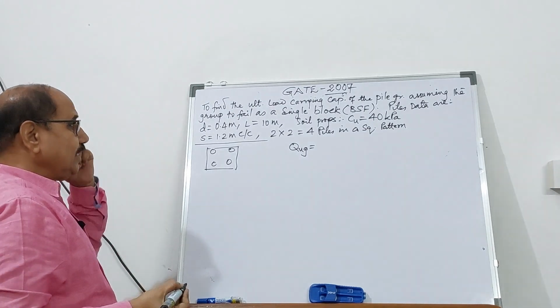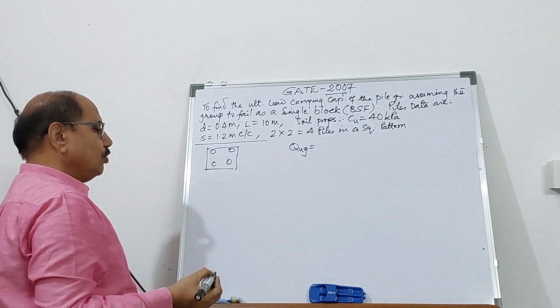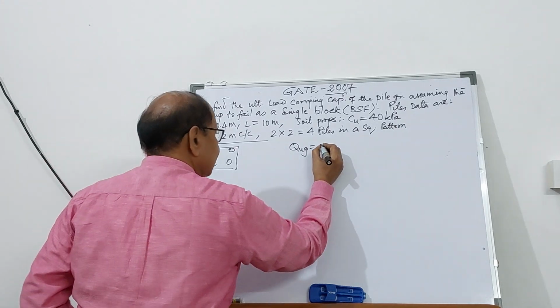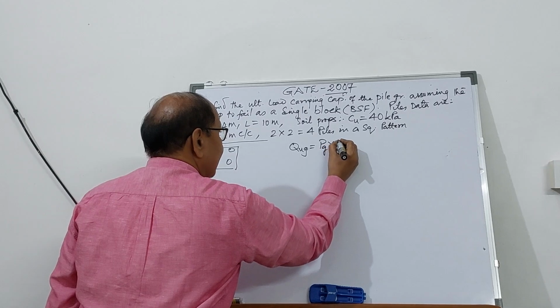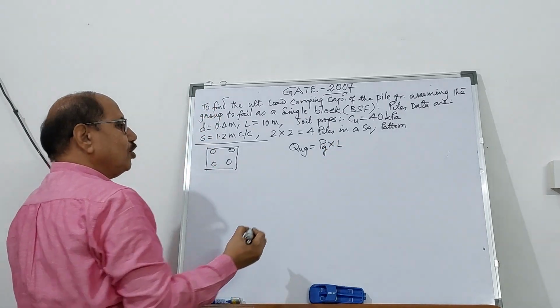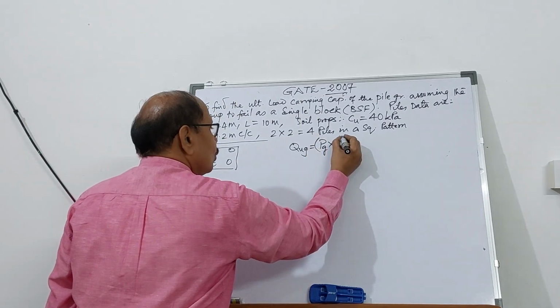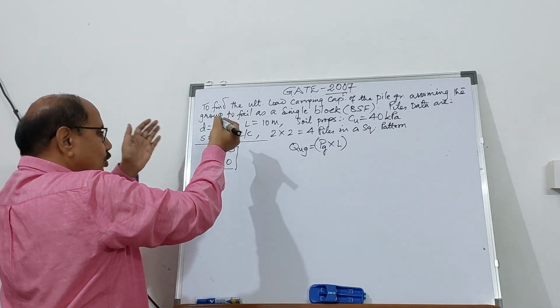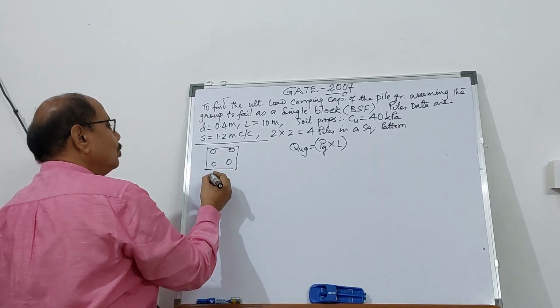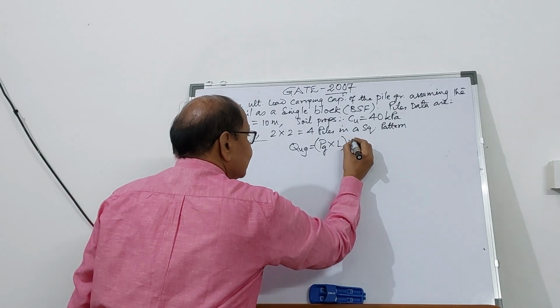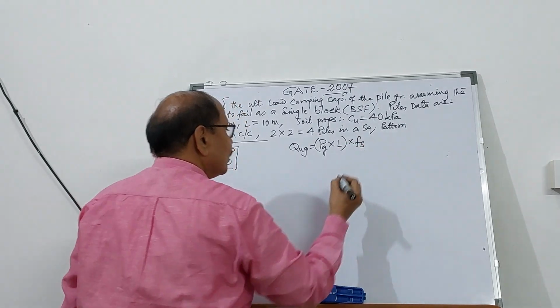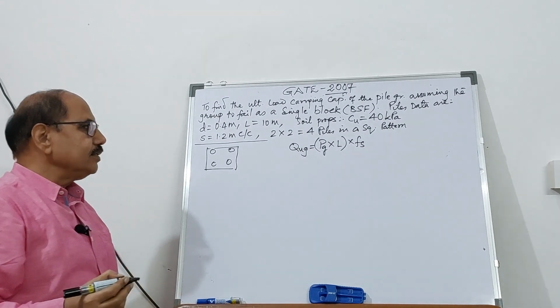This QUG based on block shear failure will be given as the perimeter of the group multiplied by the length of the pile. So as a block it is going to fail. Here the unit skin friction is going to come into picture over the periphery.